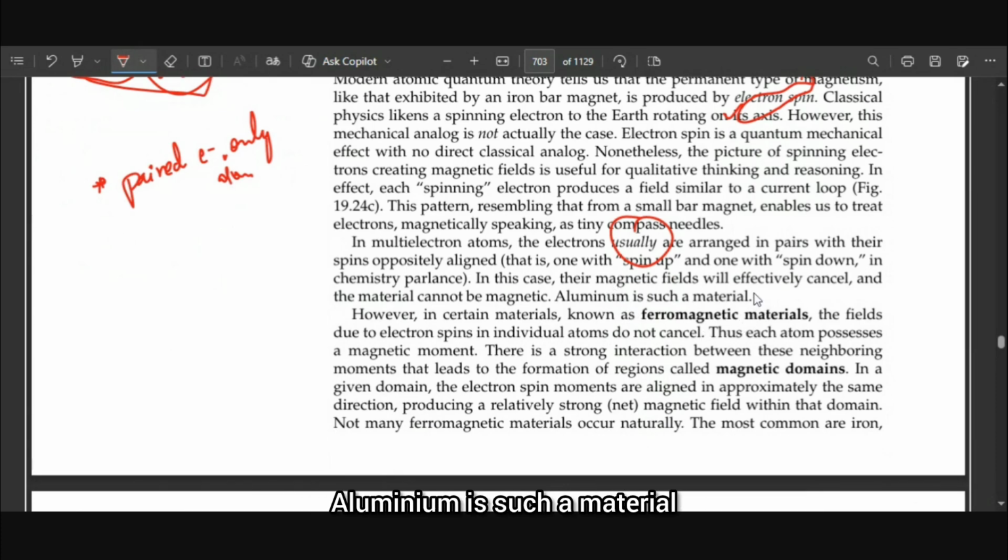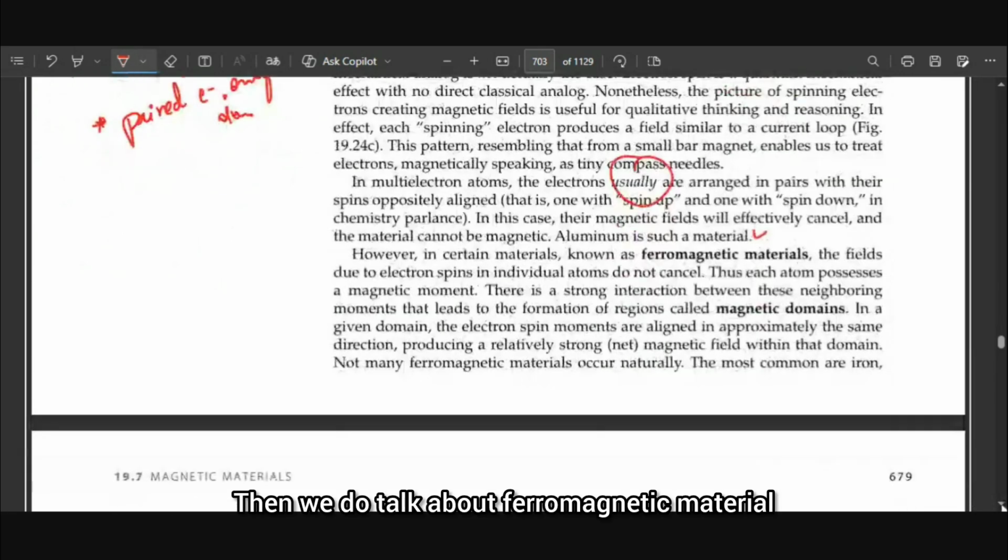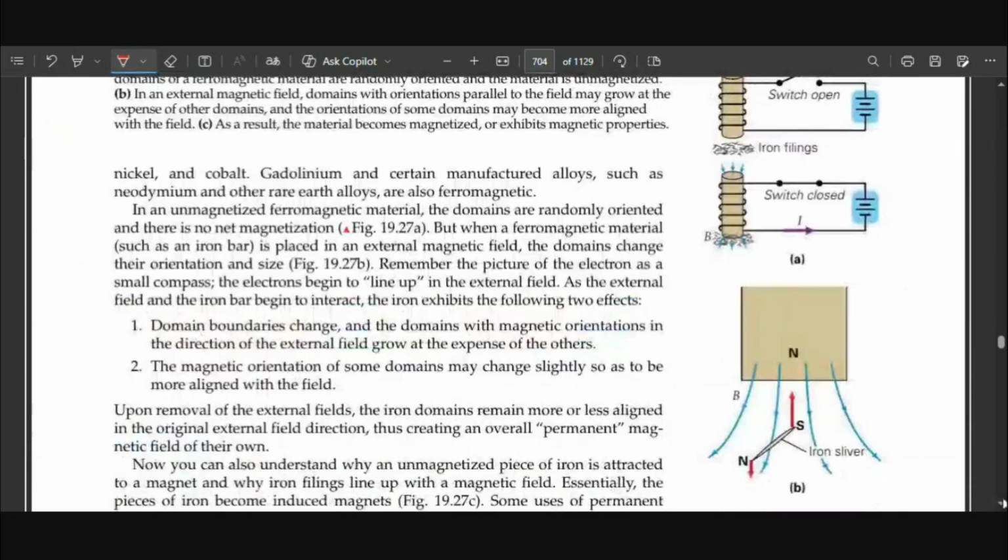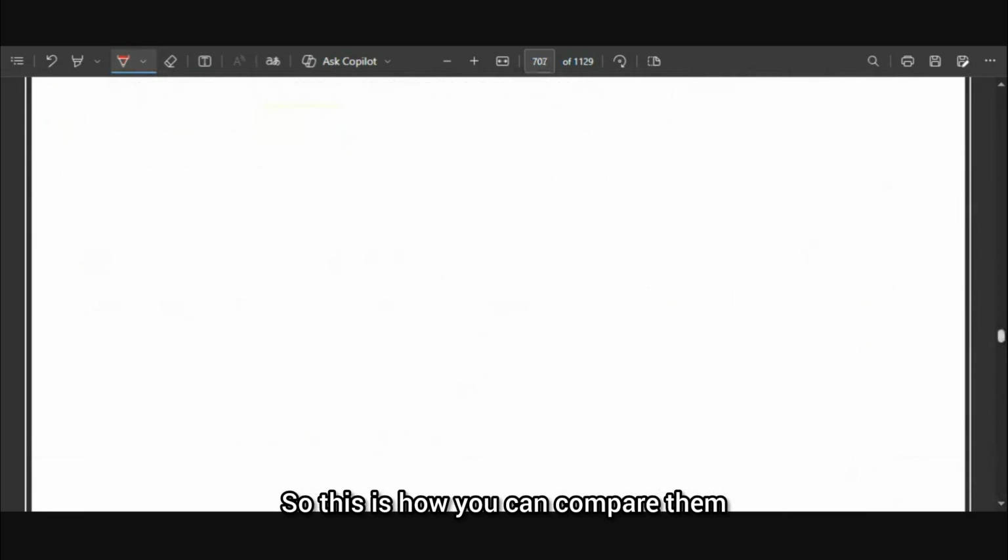Aluminium is such a material. Generally in materials like that, we do observe this thing. Then we do talk about ferromagnetic material. So this is how you can compare them.